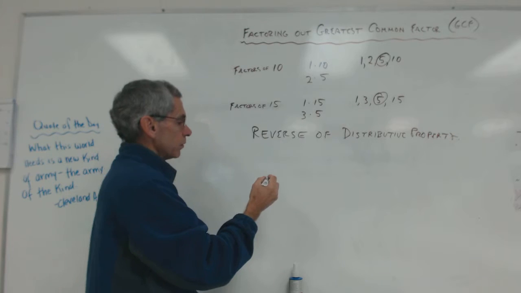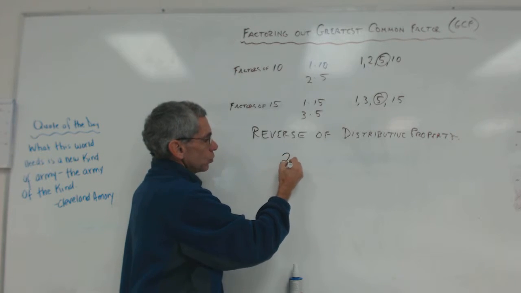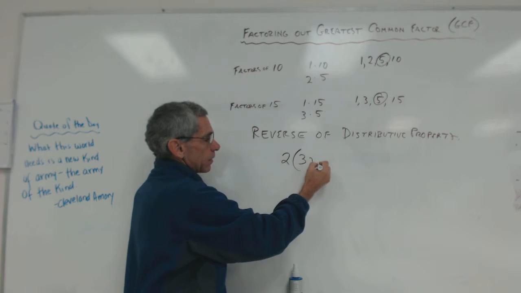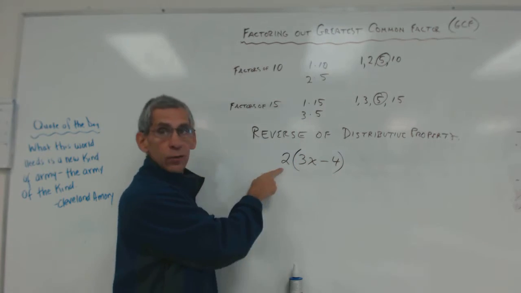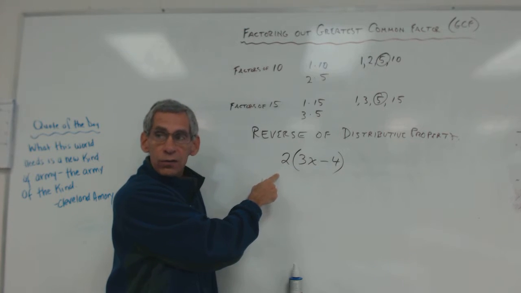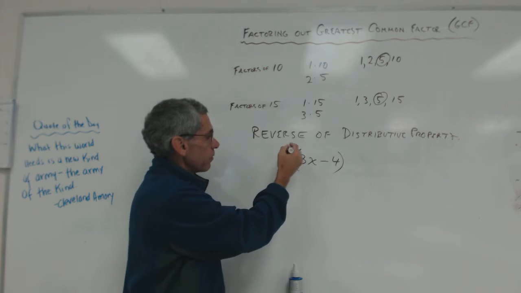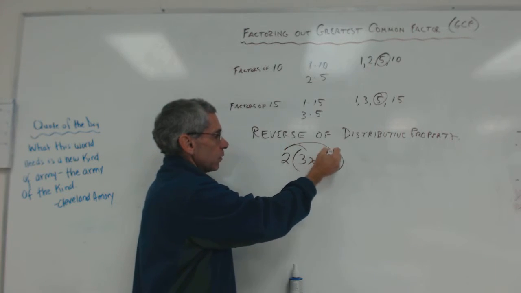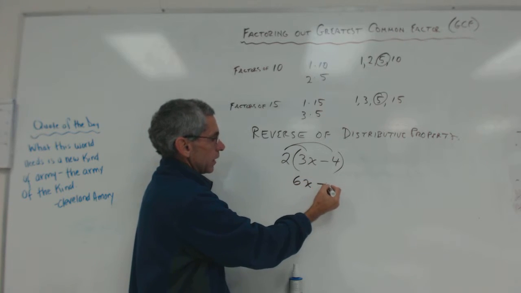So for example, let's say we had 2 times (3x minus 4). That's already factored. That's where we want to go. These are the problems we're going to get. If I multiplied this out using the distributive property, I would get 6x minus 8.